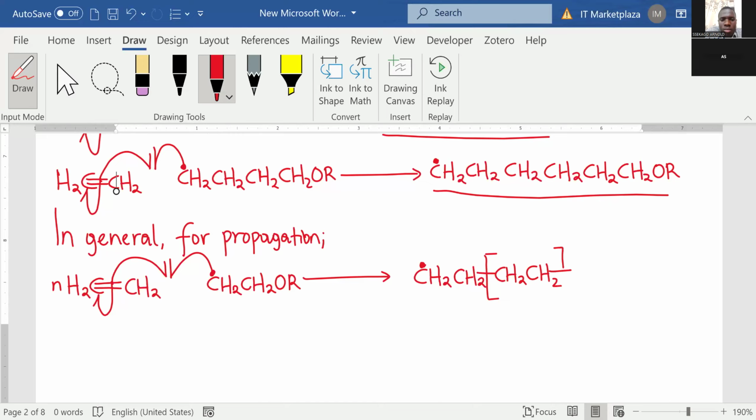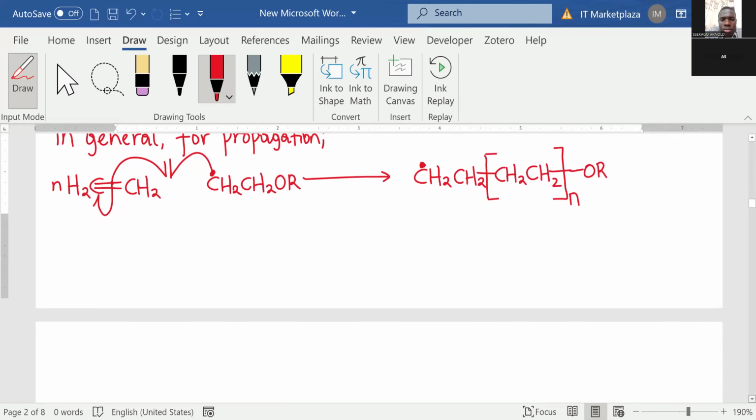So I put close brackets and N, meaning that it is the repeating unit. It is the unit that keeps on repeating itself. Then this side you put OR, and that marks the end of chain propagation.